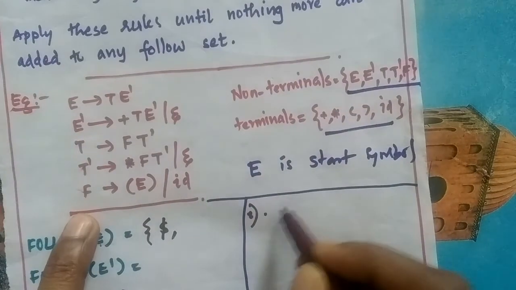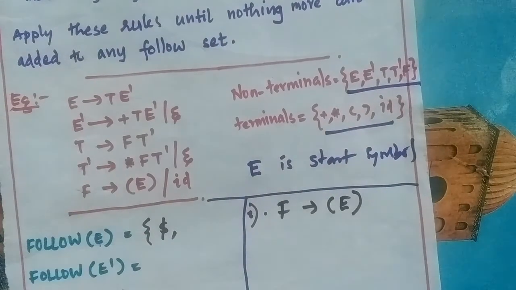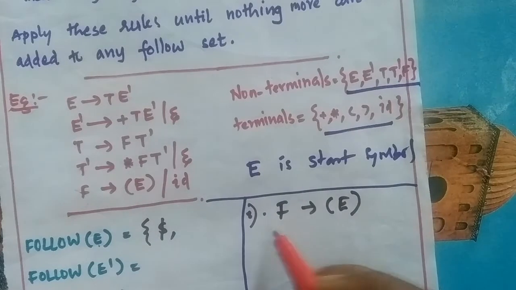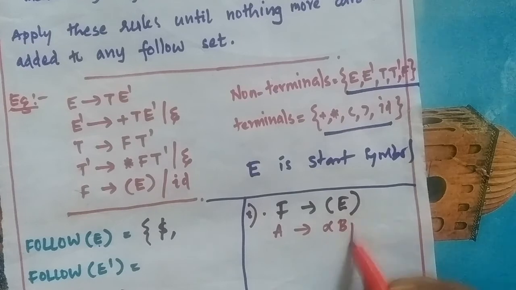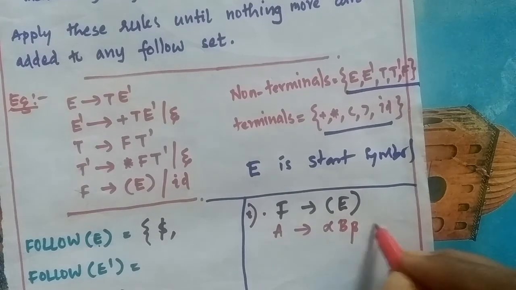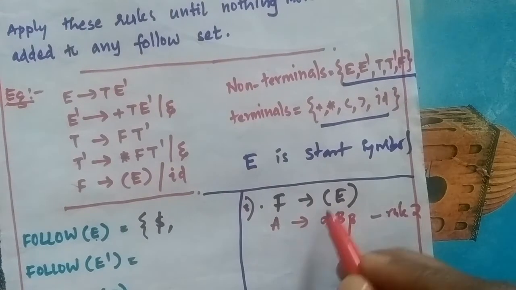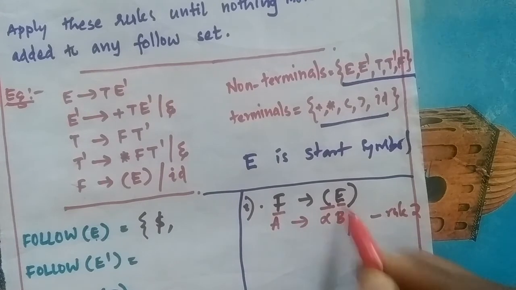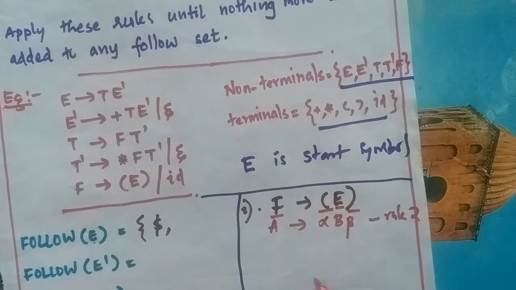Second one: F gives left bracket E right bracket. It's a production of the form A gives alpha B beta, and I am applying rule 2, where F is A, left bracket is alpha, E is B, and right bracket is beta. Rule 2 says everything in first of beta.